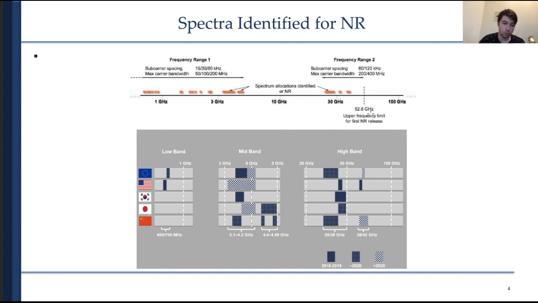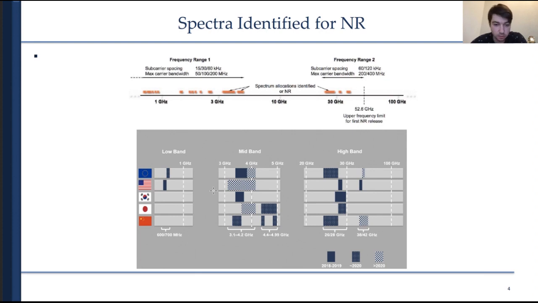On the chart below, we can see that major players, which are the European Union, America, Korea, Japan, and China, are using different bands, which is of course subject to the internal regulation organization, which basically permits or does not permit the use of certain frequencies. Both the EU and America are going to use the sub-1 gigahertz frequencies. So it's 600 and 700 megahertz.